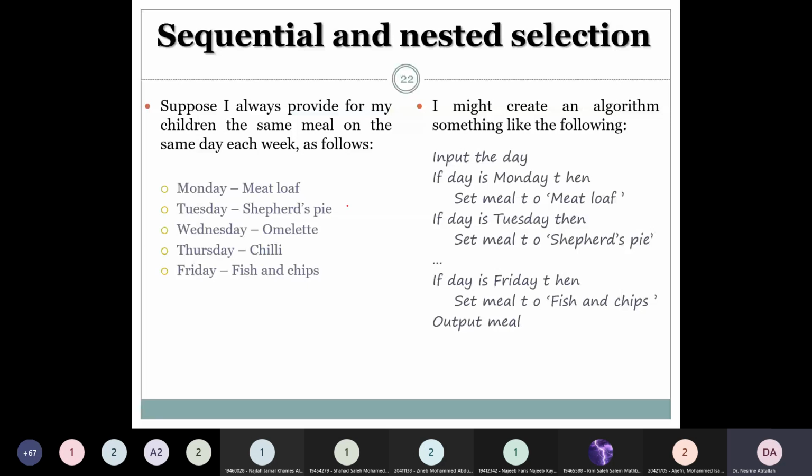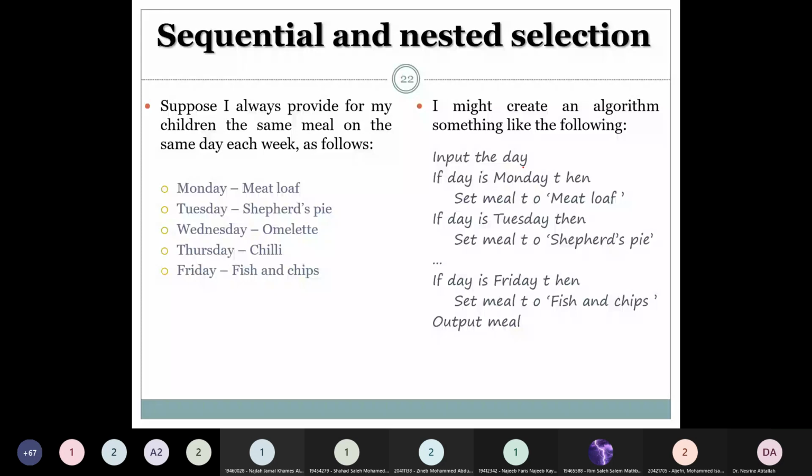On Thursday, chili. On Friday, fish and chips. So I will create an algorithm something like the following. I will input the day. If the day is Monday, then set meal to meatloaf. If the day is Tuesday, then etc. And I will output the meal at the end.